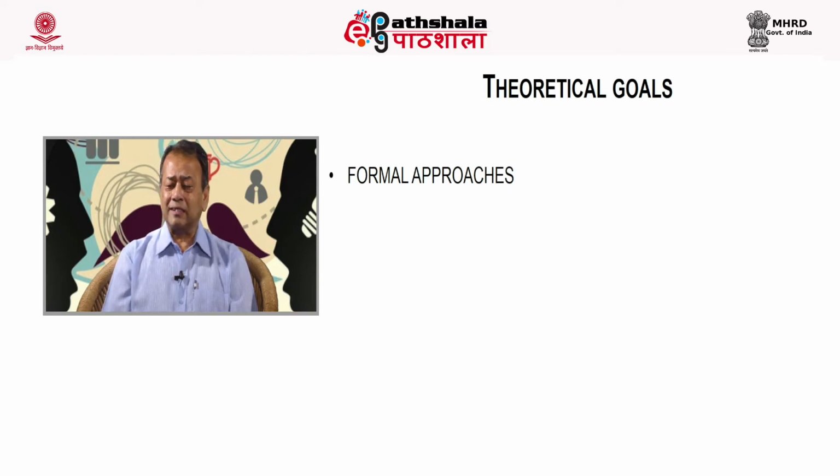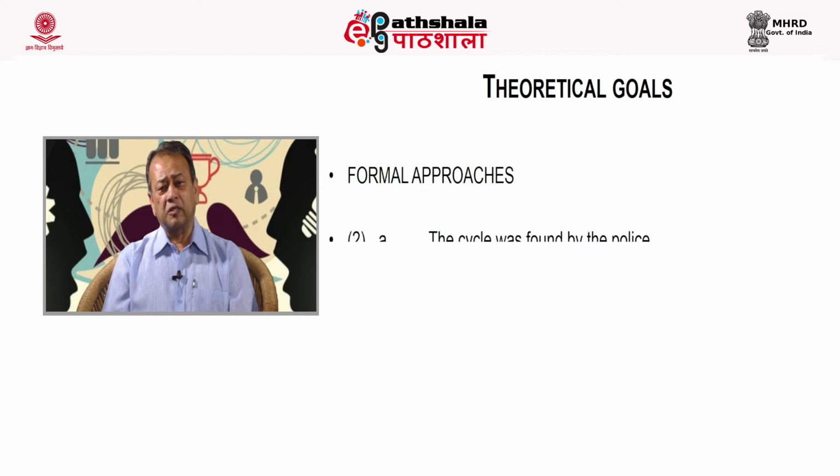If you look at the sentences in 2, how do you think the speakers of English understand them? Do they understand them as identical in meaning? The cycle was found by the police. So it's the police which found the cycle. The cycle was found by the road. Is it the road which found the cycle? You will say no. How is it that the two have come about to have the same structure?